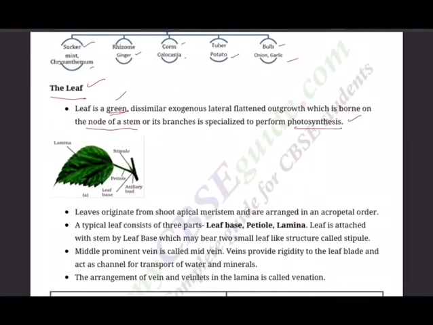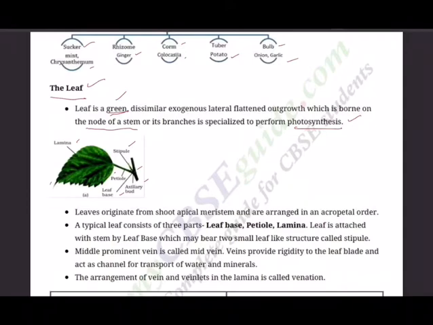So this is the stem part and this is the nodal part. There is an axillary bud, there is a leaf base, and there is a stipule, a small thorn-like thing, and then there is a lamina and a petiole, leaf margin, leaf tip, all these things.